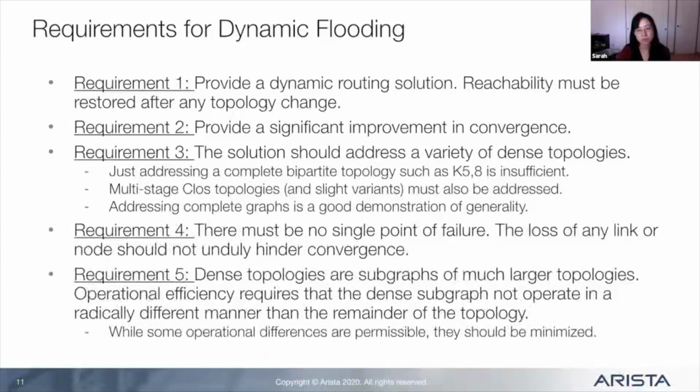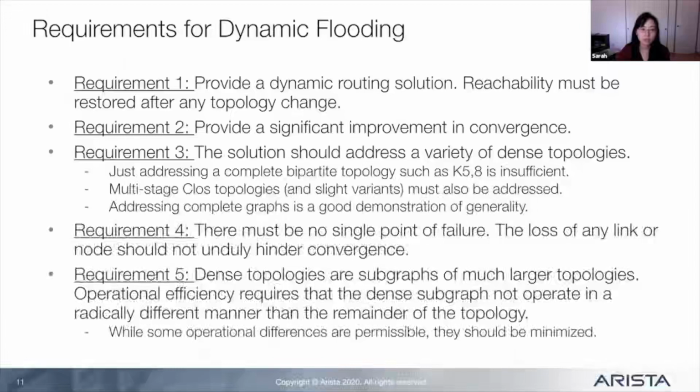So we have to deal with different kinds of dense topologies. And the multi-stage cross topologies and its variants should also be addressed. A complete graph might not be a practical one, but addressing that is a good demonstration of the generality.